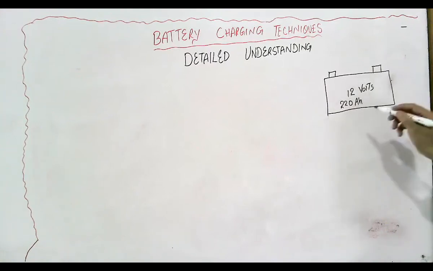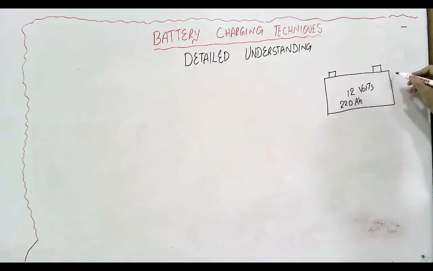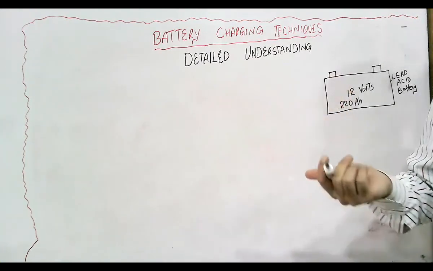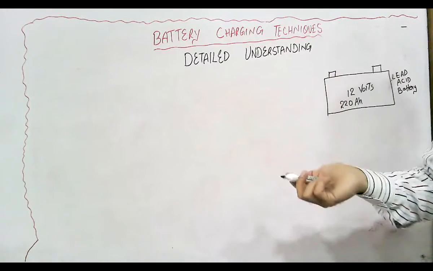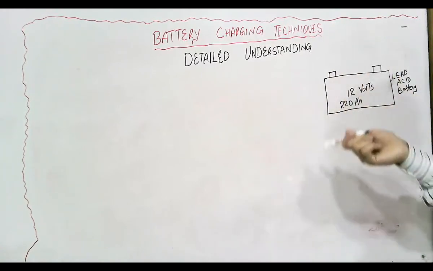It may be of any type, but it actually belongs to the lead acid battery type. Either it is an AGM battery, or a tubular battery, or a VRLA battery, whatever the type it is, it belongs to the lead acid type of battery.